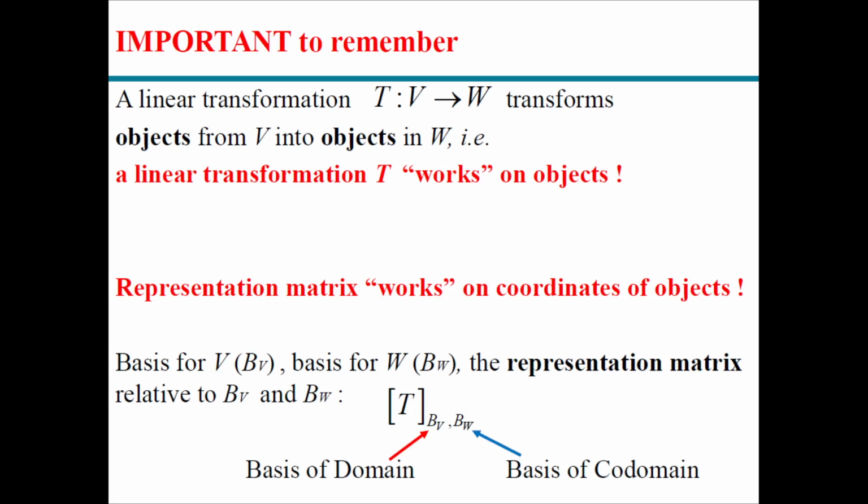The important thing to remember is that our linear transformation works on objects. So it takes an object from V and then does something to it, and as a result, as the image, we get an object living in W. So linear transformation works on objects.